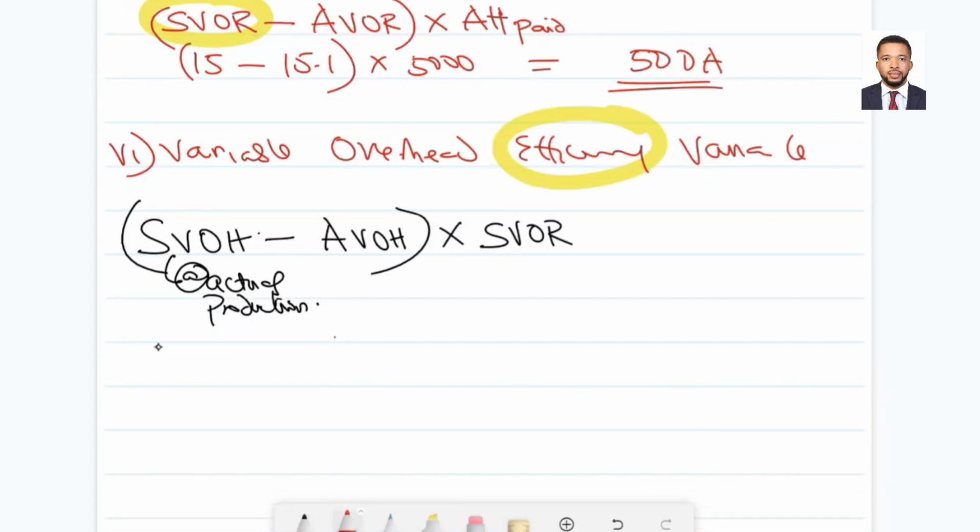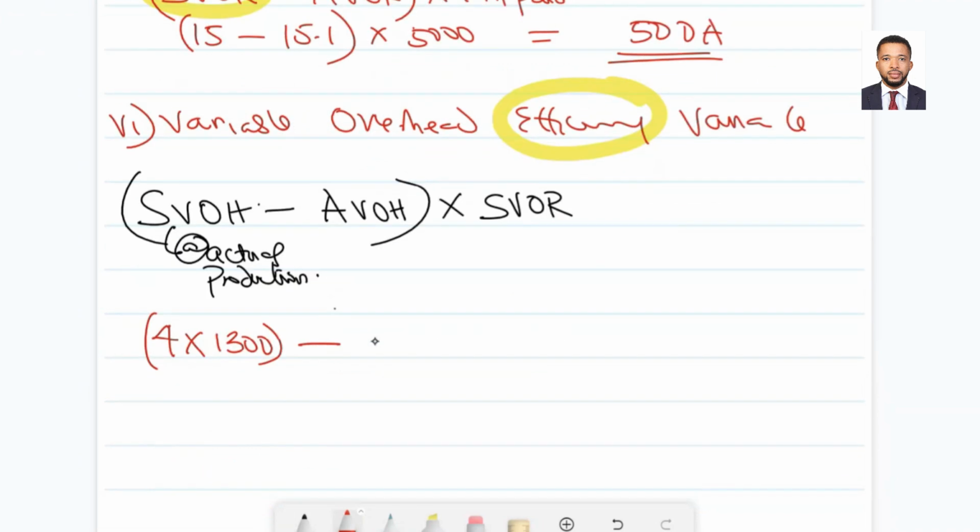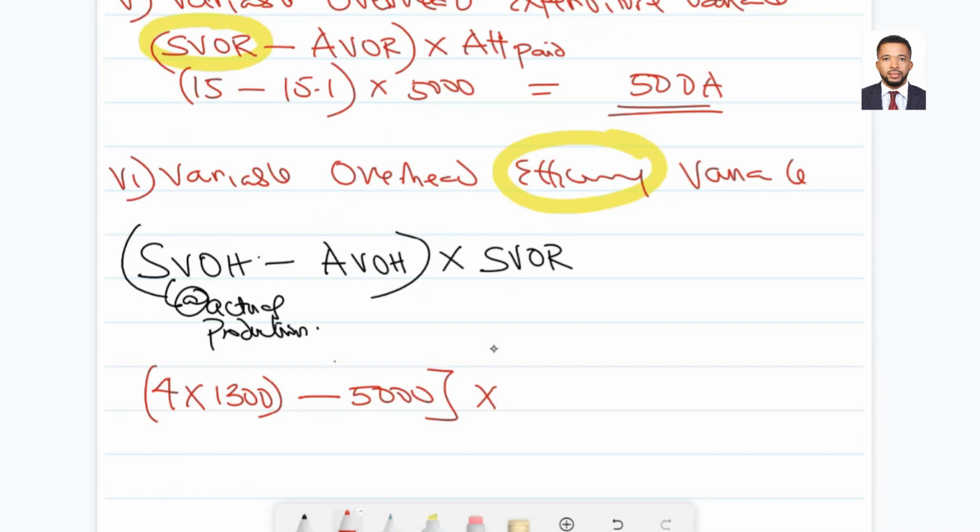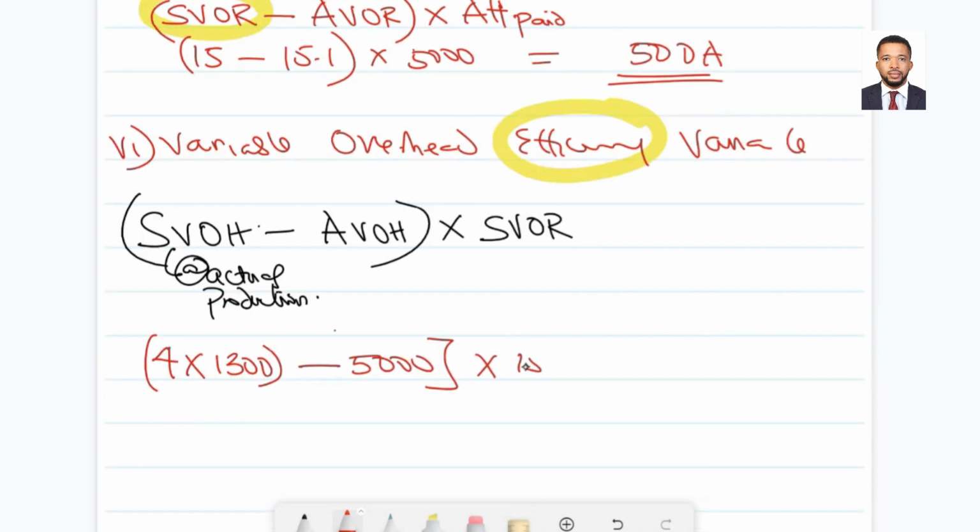How many hours? Is it 4 multiplied by 1,300, minus actual variable overhead hour? How much? 5,000, same thing as that labor now, right? Then multiplied by the rate, how much? 15.